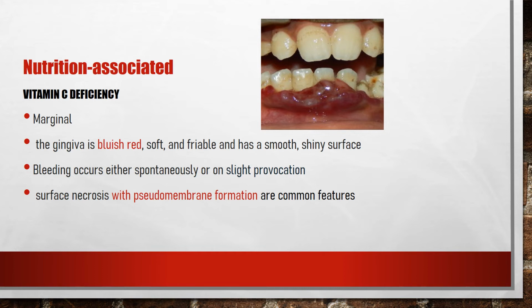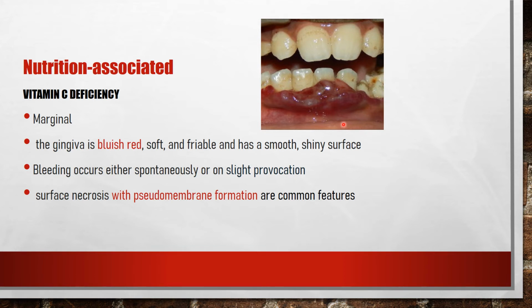Bleeding occurs either spontaneously or on slight provocation. Sometimes surface necrosis with pseudomembrane formation are the more common features. As you can see in this picture, it is associated with the marginal region, and you can see the bluish red soft friable region.